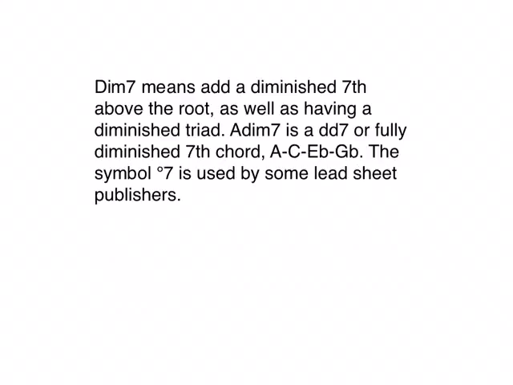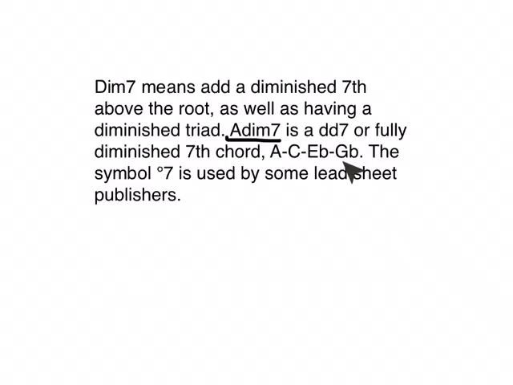If we write diminished seventh, then we mean to add a diminished seventh above the root as well as having a diminished triad. So when we write a diminished seventh, both the triad and the seventh are diminished, or a fully diminished seventh chord. A, C, E flat is the diminished triad.